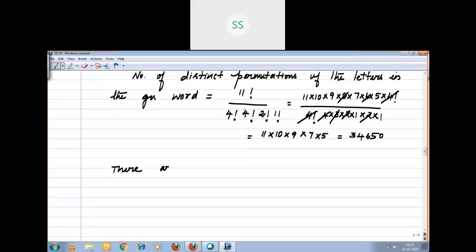Then the next subdivision, what it is given, you see, the 4 I's are not together, they said. But we are going to find if it is together, how it will act. There are 4 I's in the given word.